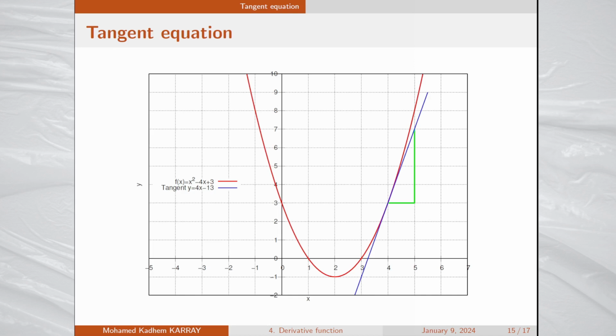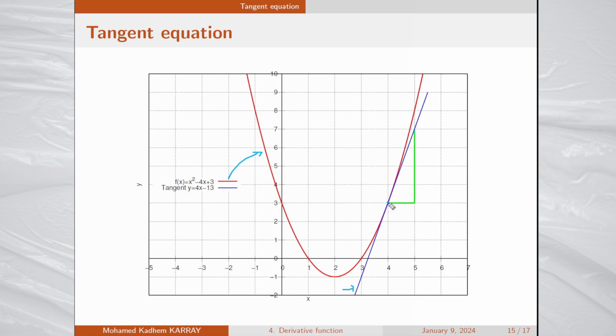So here is an illustration of the example I treated in the previous slide. The function f is plotted in red here, and the tangent is in blue. So this is the tangent line. At point 4, the function takes the value 3, so it is okay.